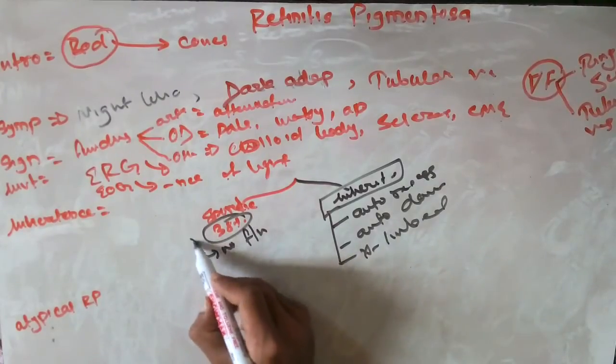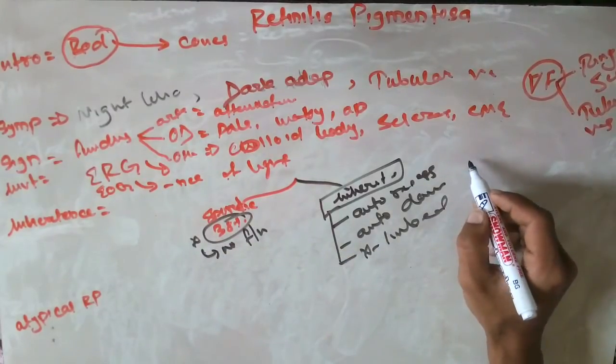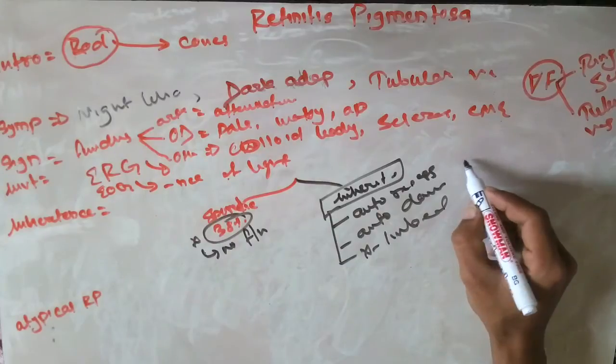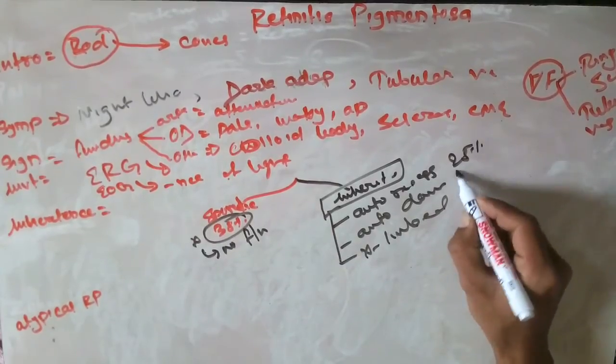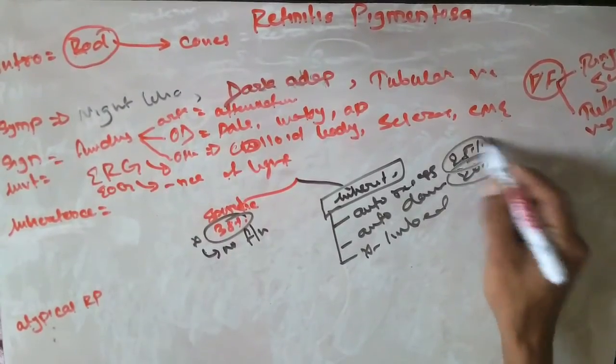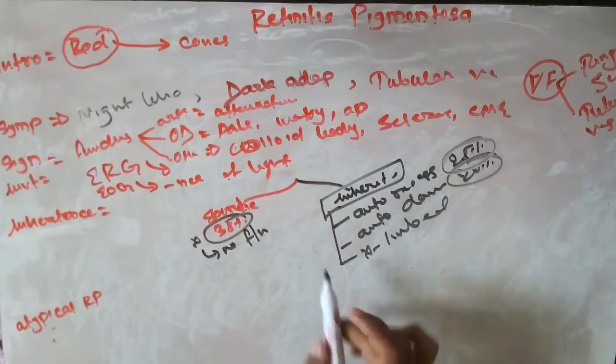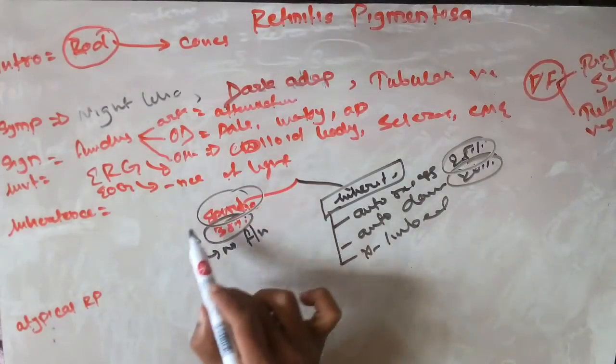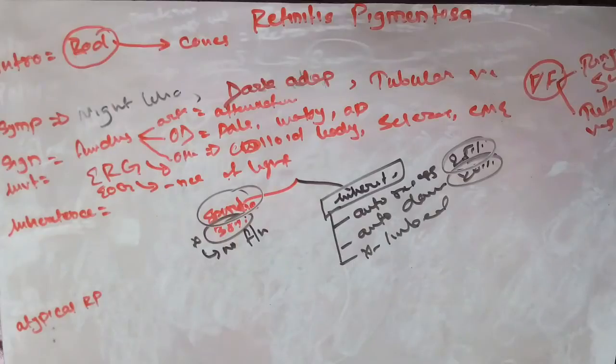So this was 38%, and usually this is said to be 25%, and this is 20%. So these were the major inheritance hypotheses for retinitis pigmentosa.